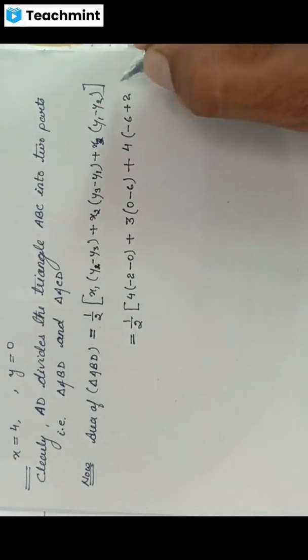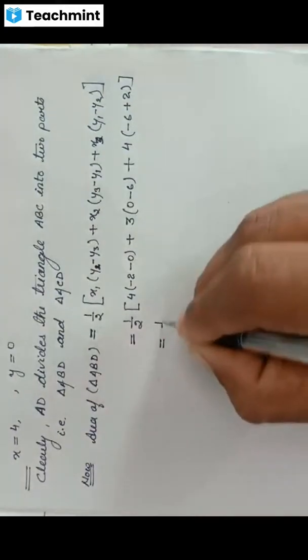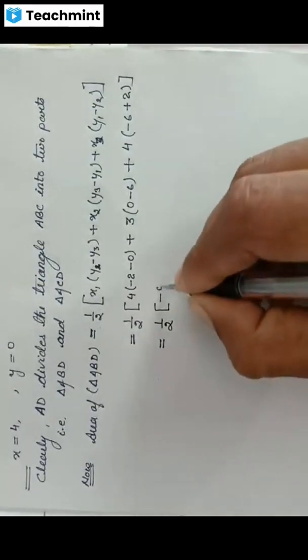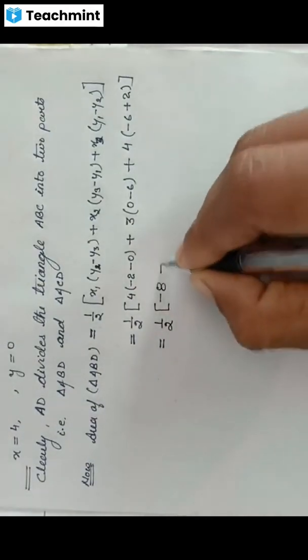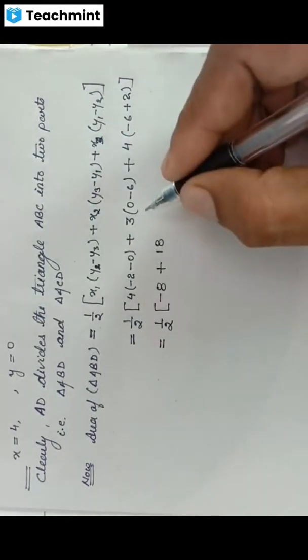Why is it plus 2? Because of the -2, once the bracket opens, it automatically becomes +2. So you have half, then the first value will be -8, then the second value will be +18. It is clear?